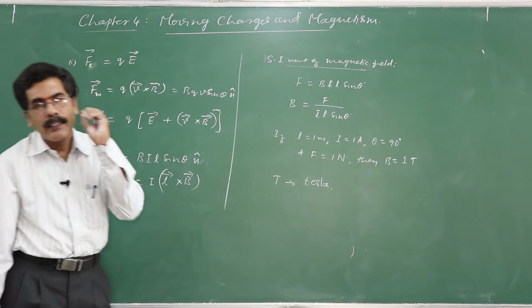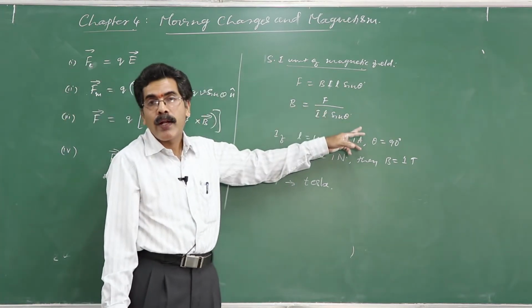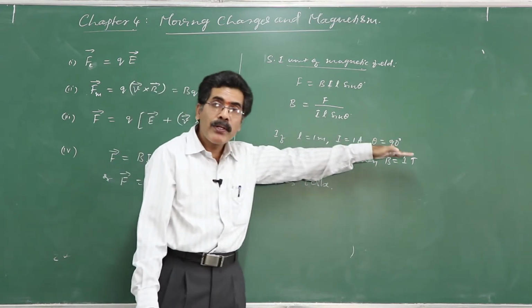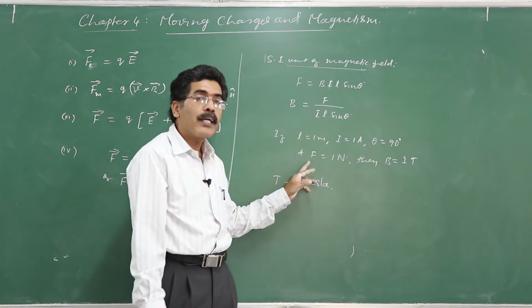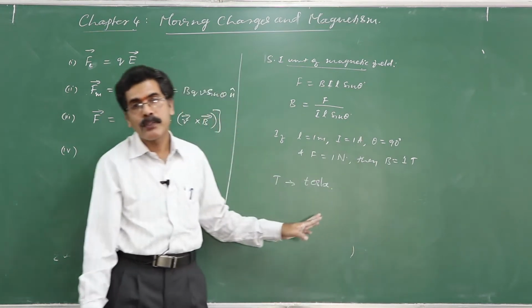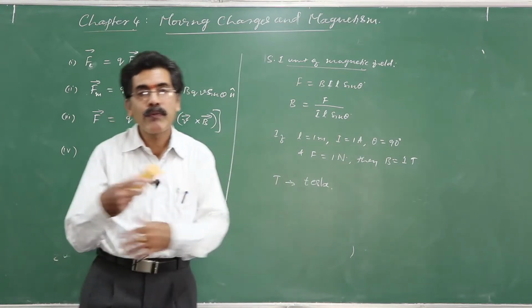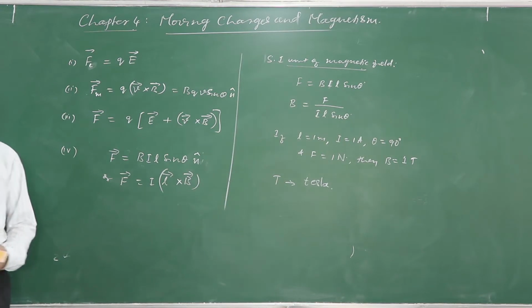When a conductor of length 1 meter carrying a current of 1 ampere kept perpendicular to the direction of magnetic field experiences a force of 1 Newton, then the corresponding magnetic field is said to be 1 Tesla. This is one way of defining Tesla. Tesla is actually a very big unit.